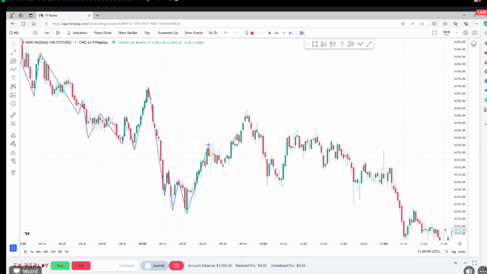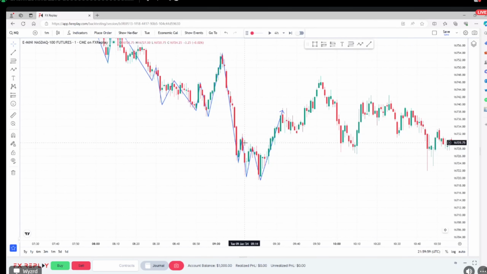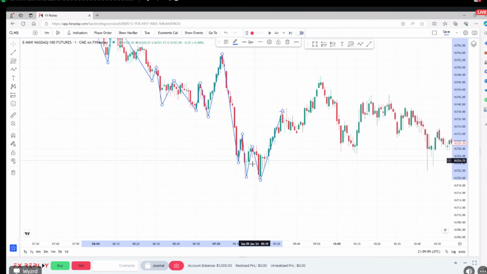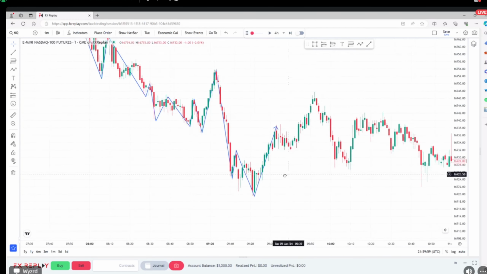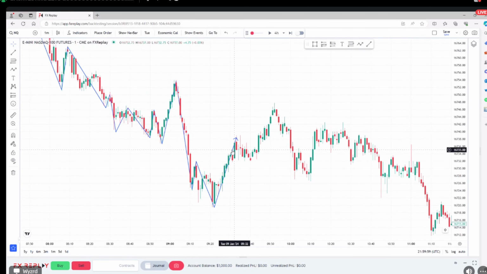Not to have you lose track, but can you repeat what makes the high or low protected? Yeah, I will. So this would be our low. As you can see, as we're coming down and we have these retracements, this is your zone that you're going to want to short.